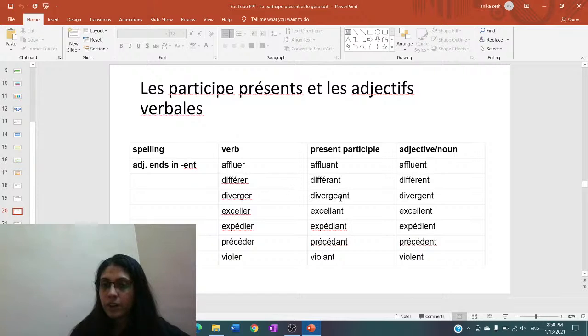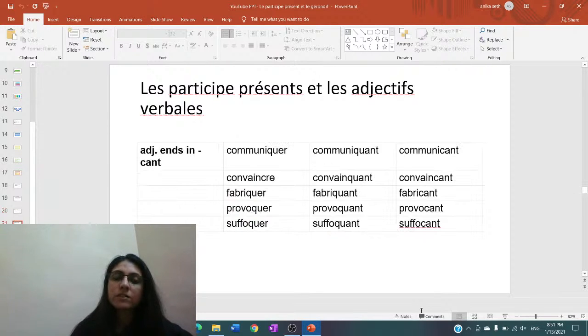Diverger, divergeant, and divergent. Here it is only ent, here it is eant. Exceller, excellent, excellent. Expédient, expédient. Précédent, précédent. Violent, violent. So all these which end with ant in the present participle end with ent in the adjective.